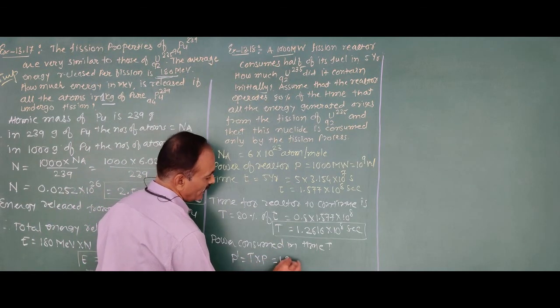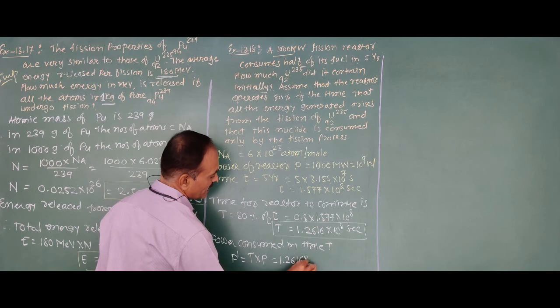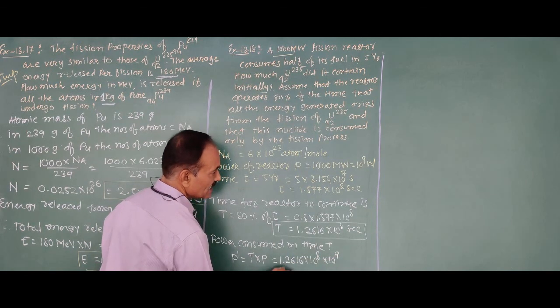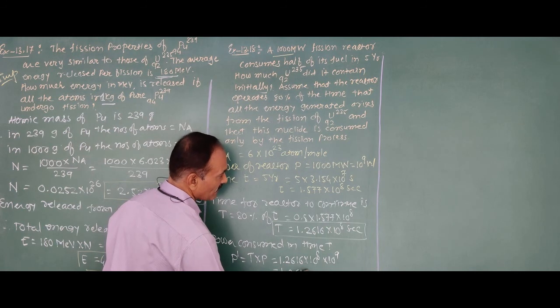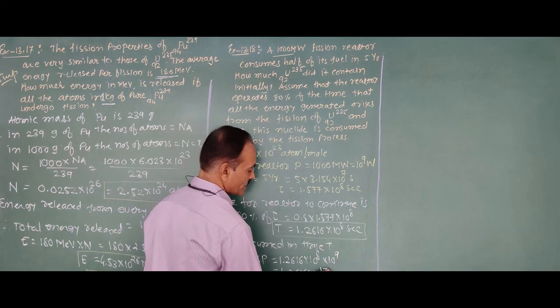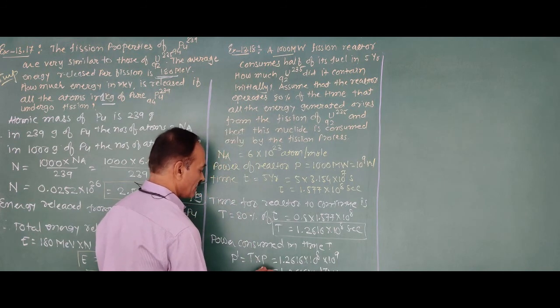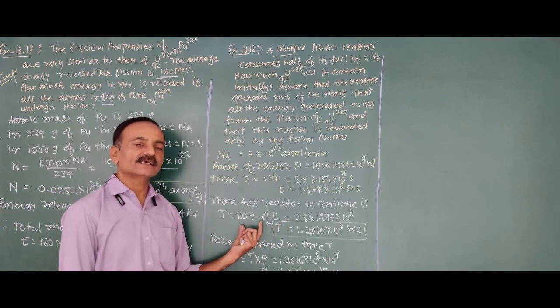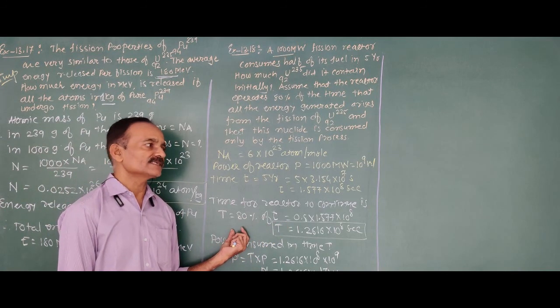Therefore, 1.2616 into 10 to the power 8 into 10 to the power 9. That means 1.2616 into 10 to the power 17 watt. That much is consumed while the reactor is on.